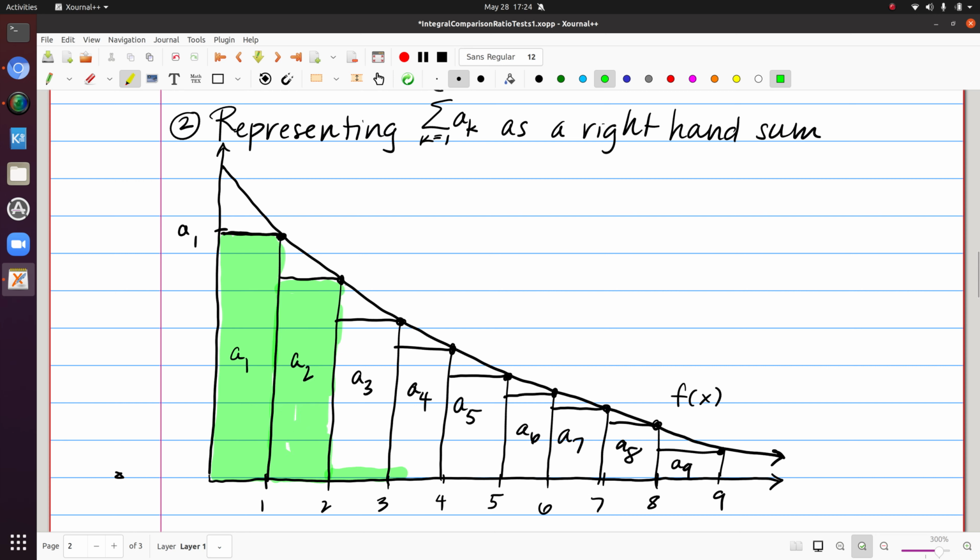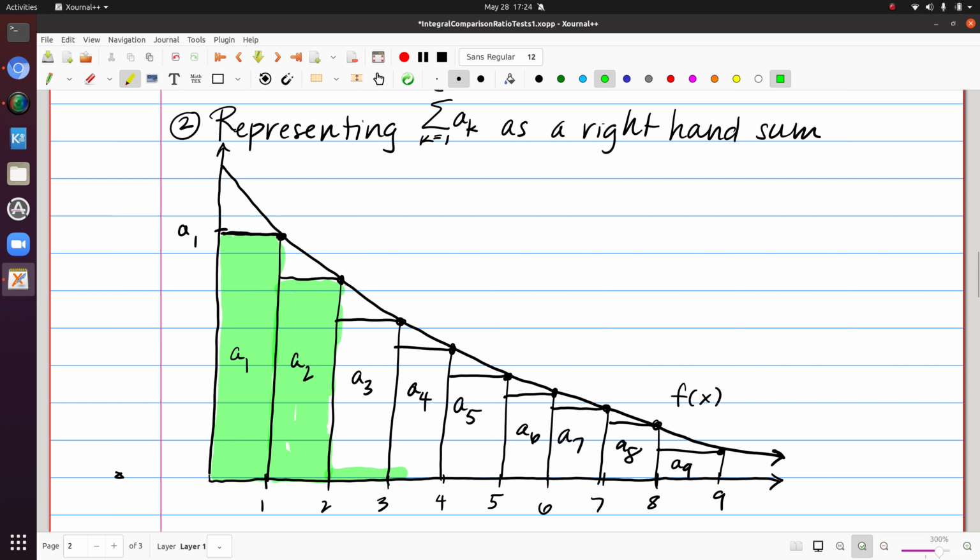So this means that, again, these rectangles represent my sum. But what is significant about this is that I get a different kind of relationship between the area of my rectangles and the area under the curve of f of x simply by placing these on a different portion of the x-axis.